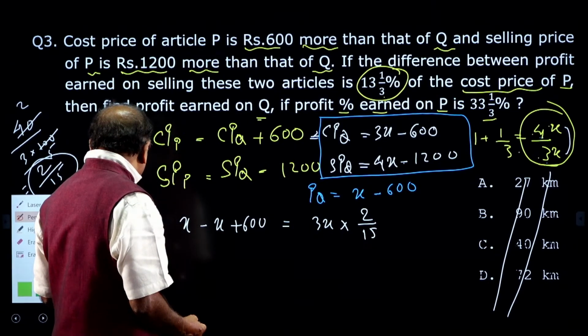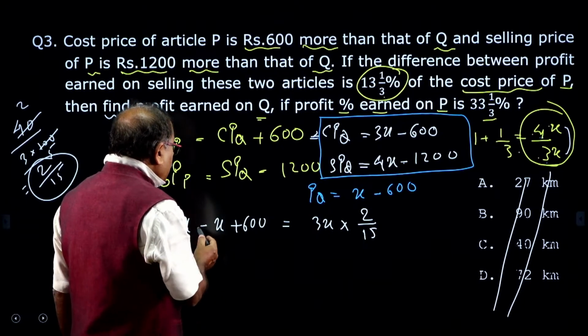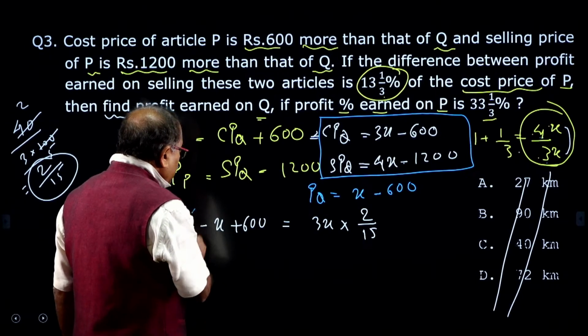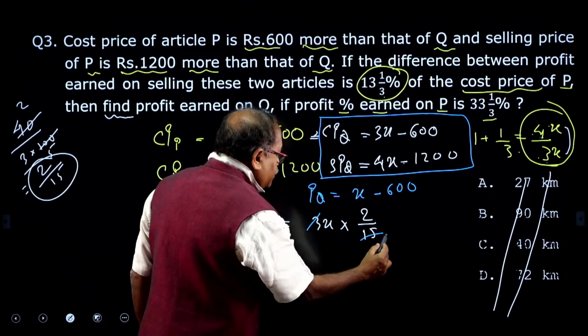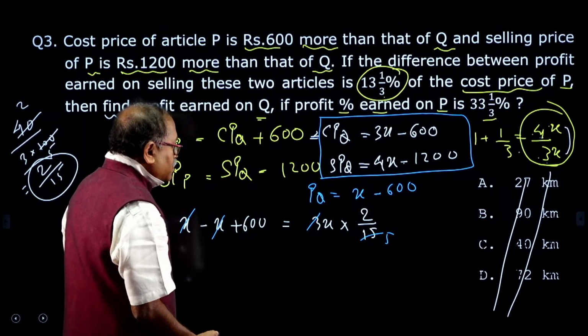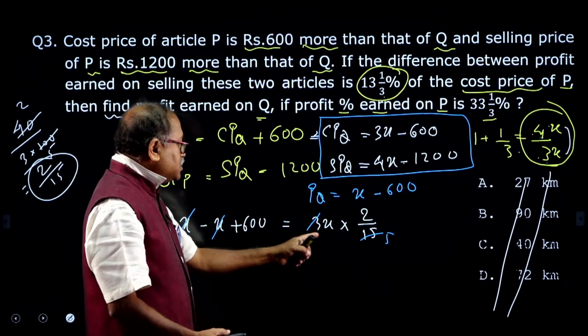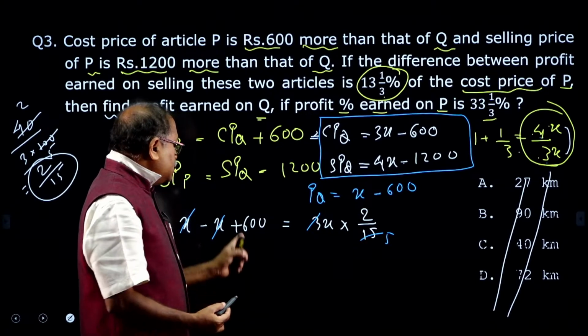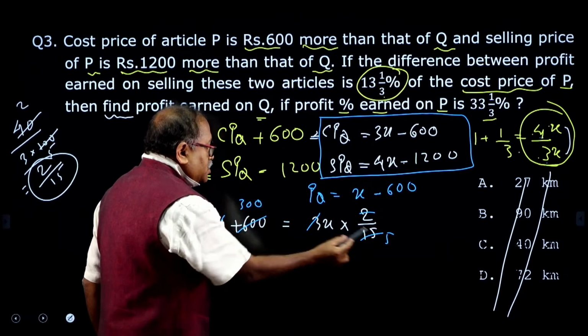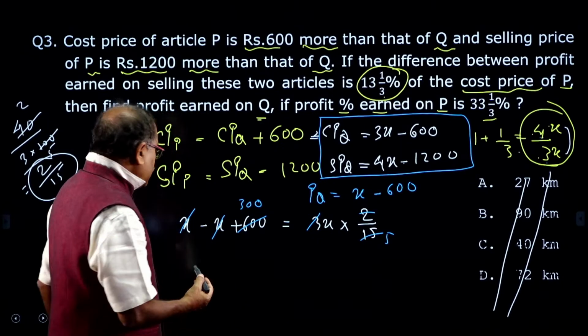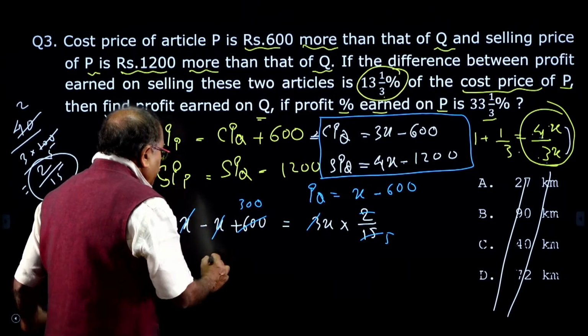And what is that last part, my dear friends? Here I notice that x gets cancelled over here, and with 3 this gets cancelled 5 times over here. Then x is equal to 2 and this gets cancelled 300. So, 5 into 3, that is 15, x is equal to 1500.